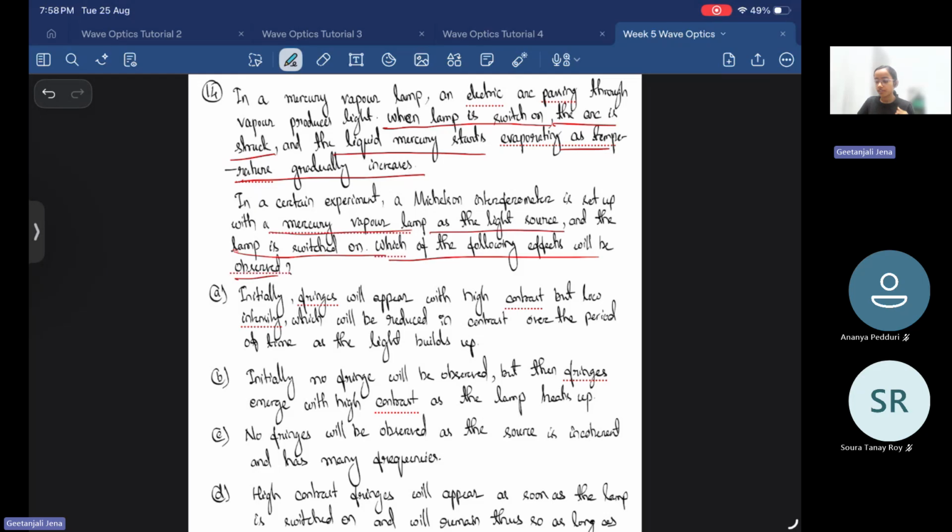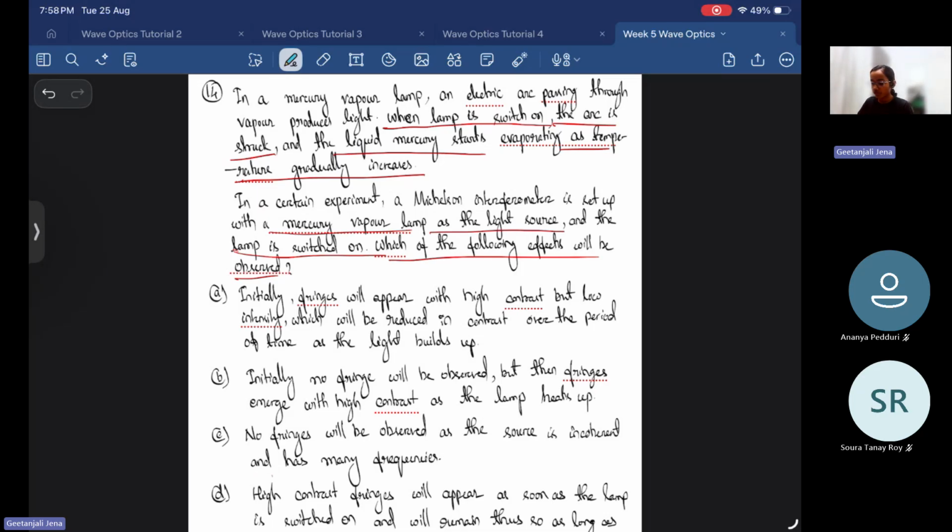Option A: initially, the fringes will appear with high contrast but low intensity, which will be reduced in contrast over a period of time as the light builds up. Option B: initially no fringes will be observed, but then fringes emerge with high contrast as the lamp heats up.